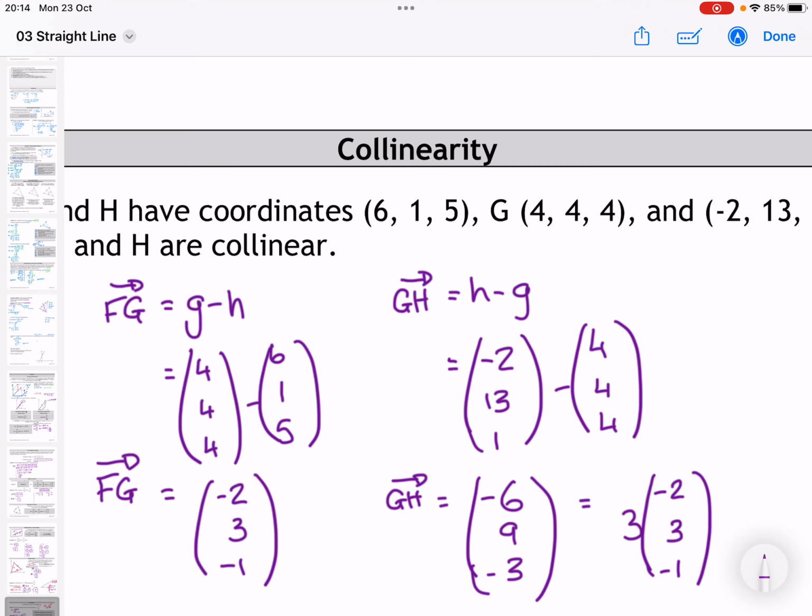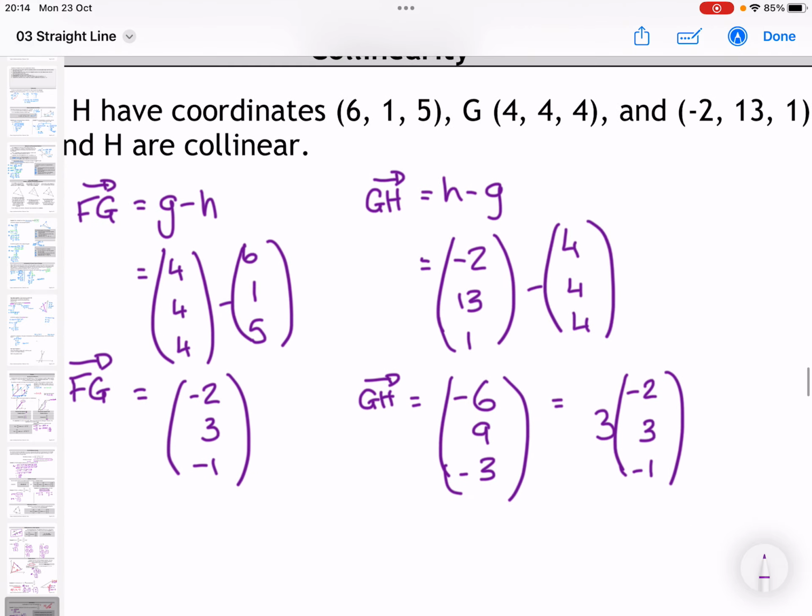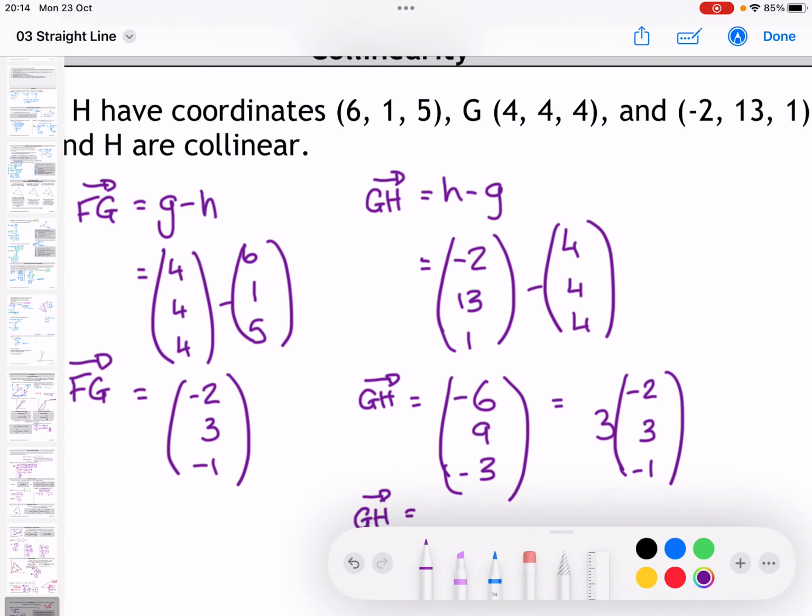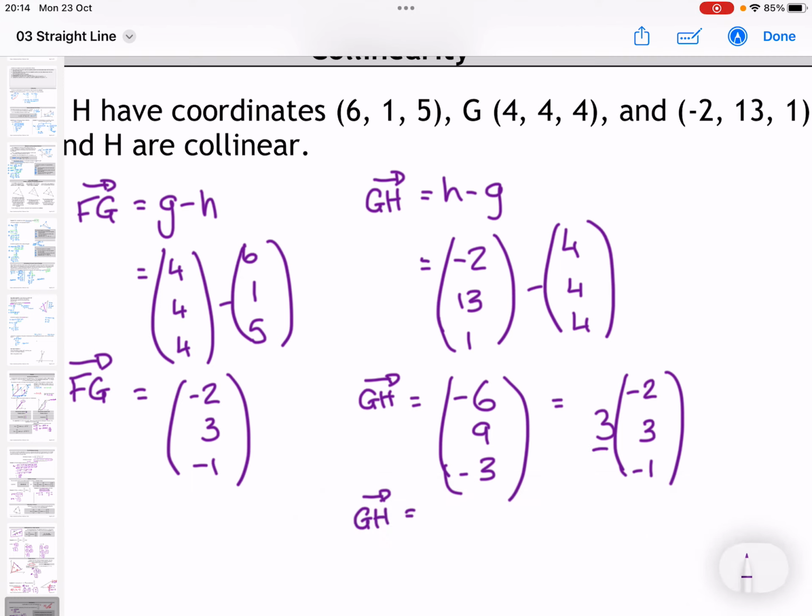Now 2, 3, minus 1 we already said was FG. So that means that GH is the same as 3 lots of FG. And that there is the bit that shows us that they're collinear.